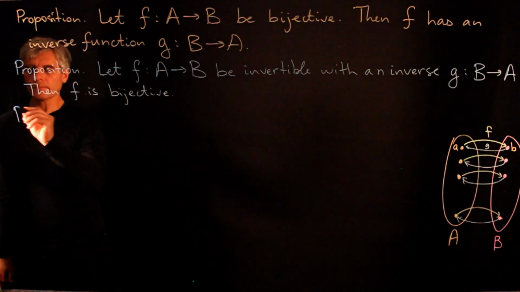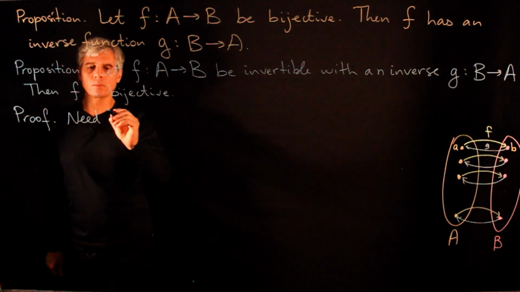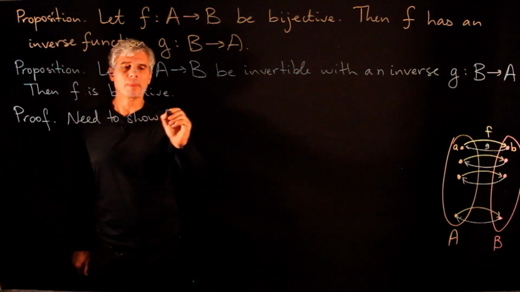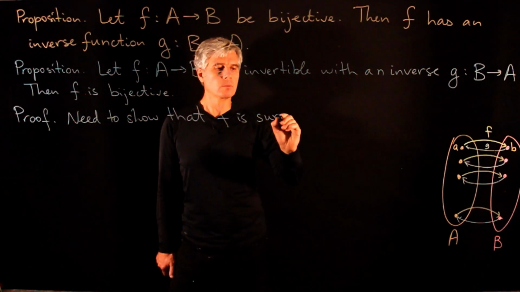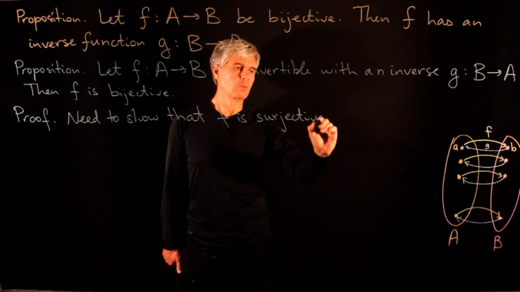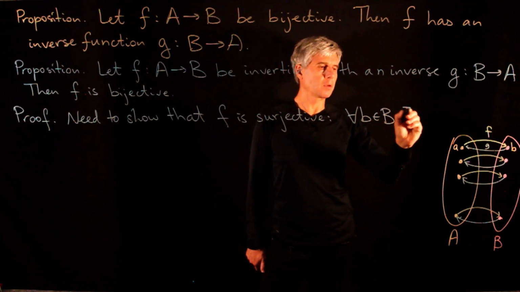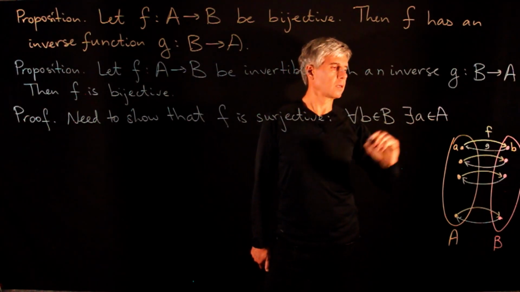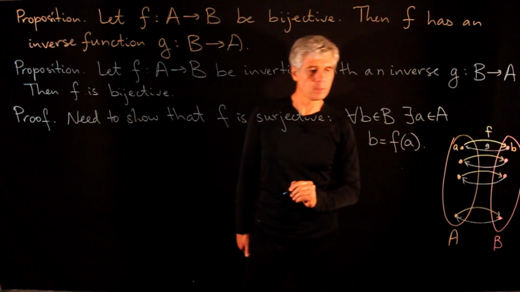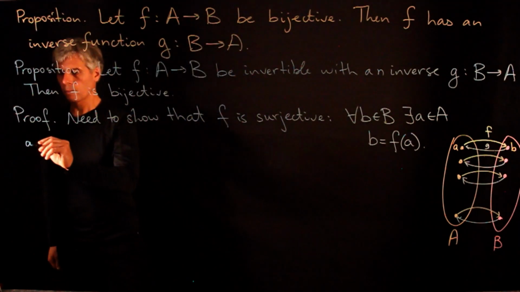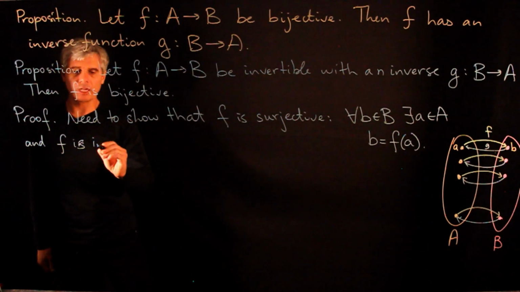So for the proof of this, we need to show that f is surjective. This means that for every b in B, there exists a in A such that b is equal to f of a. And also that f is injective.